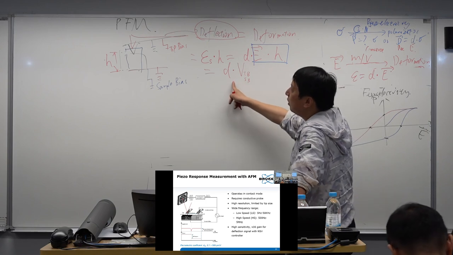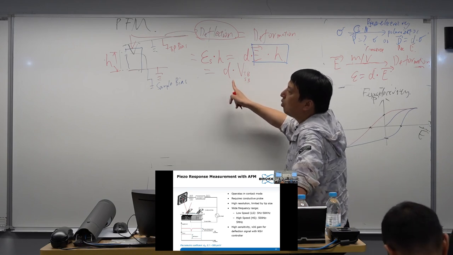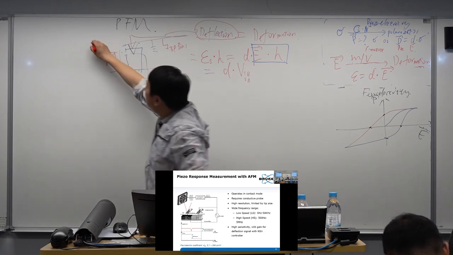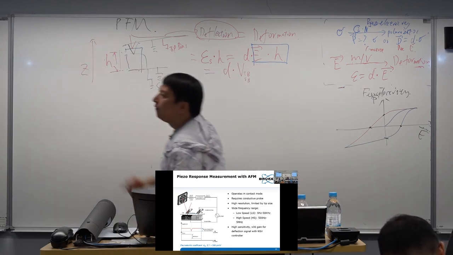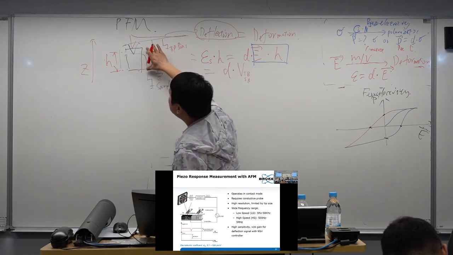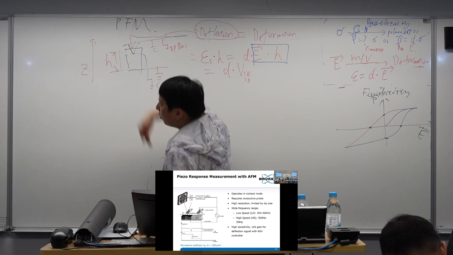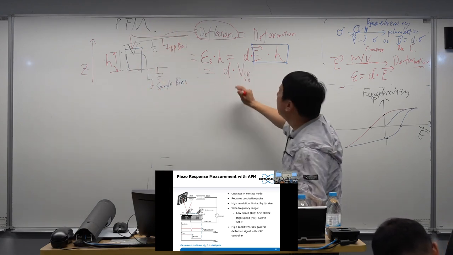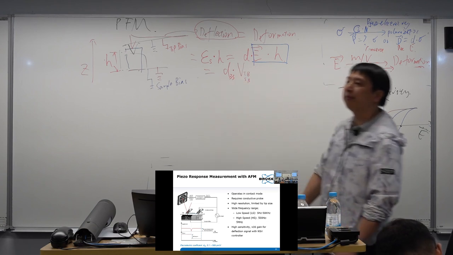Since we apply the electric field in the Z direction, and my probe is bent, I'm sorry, the crystal elongates also in the Z direction, so this one should be D33.